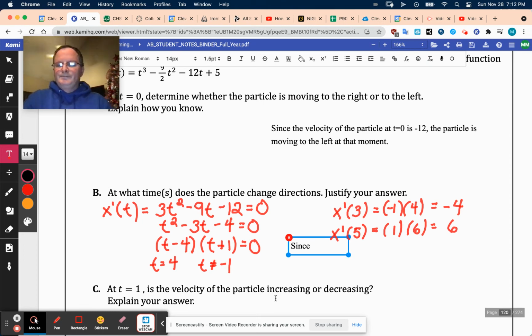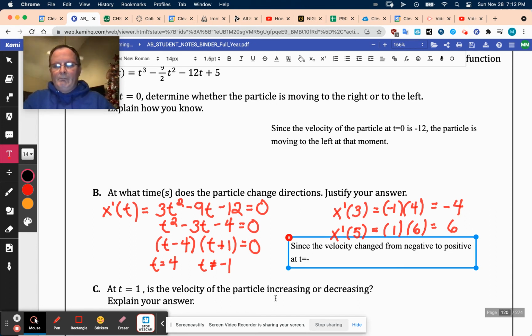Since the velocity changed from negative to positive at t equals 4, the particle changed direction. There you go. That'll work.